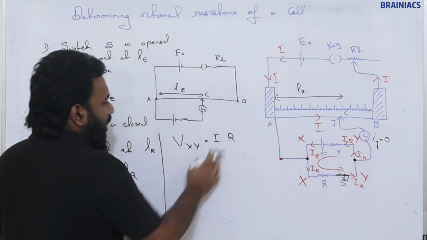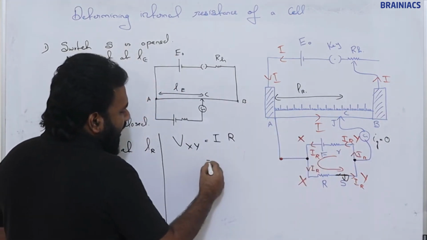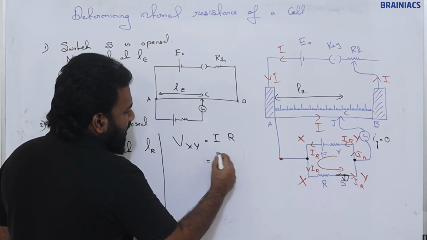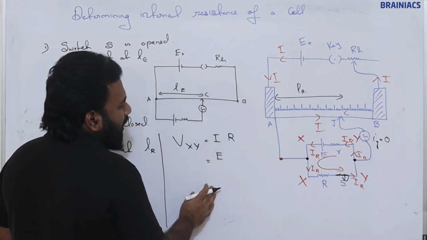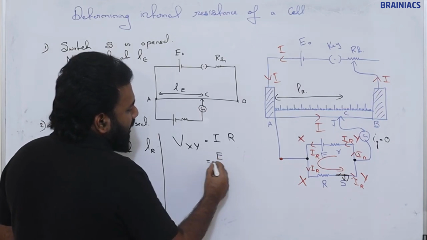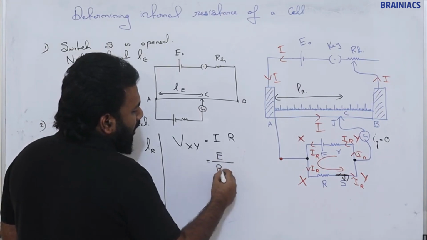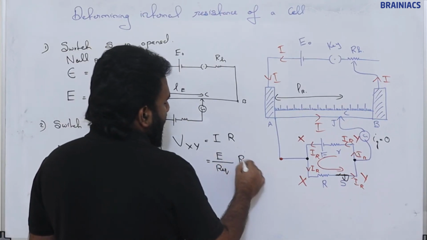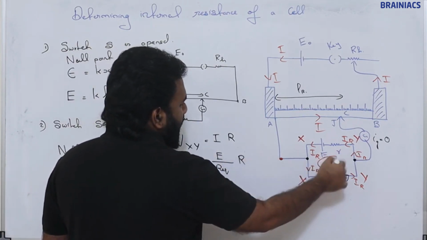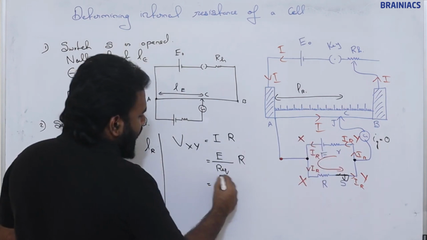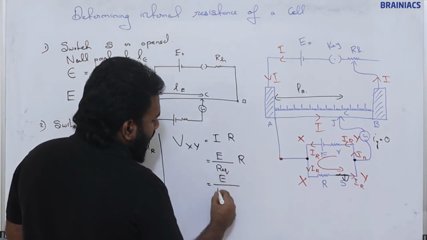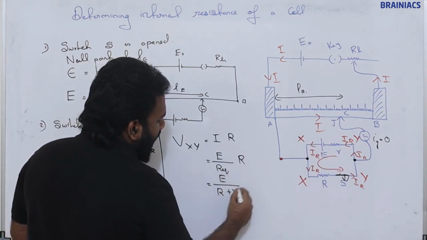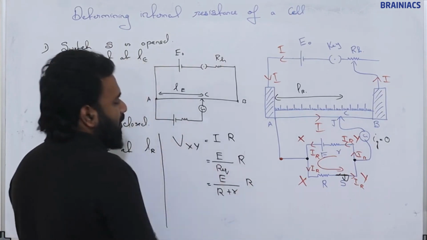Both are parallel. I into R. What is I? I is equal to E by R equivalent. R equivalent of this circuit. So that is E by capital R plus small r. Only that is there in this circuit.